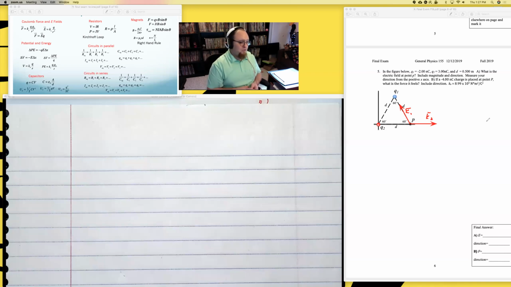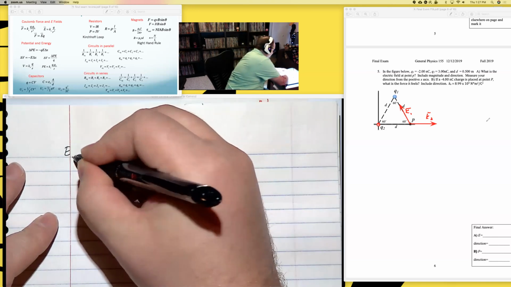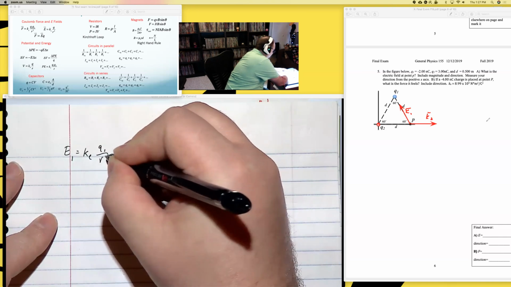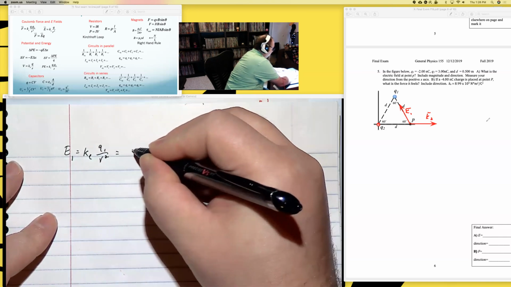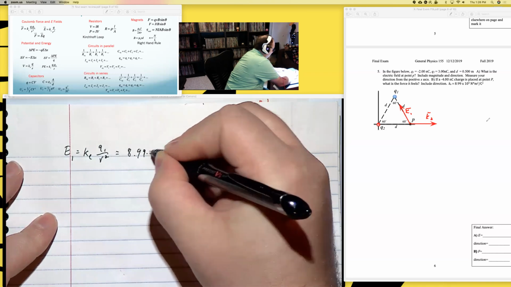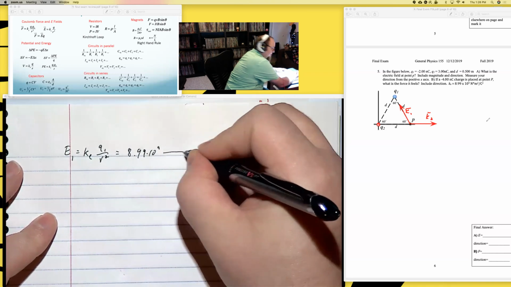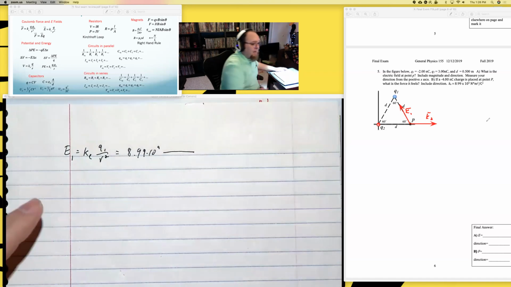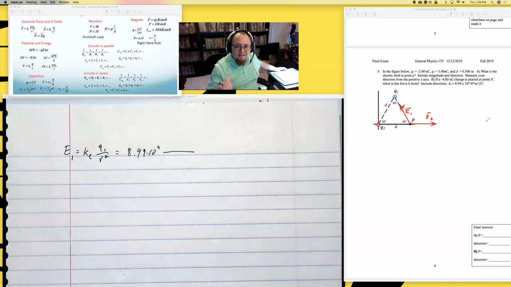And I'll say for each one, I can work out what the value is. E1 will be KE Q1 over R squared. So it'd be 8.99 times 10 to the 9th. Which one was 1? 1 was the negative, 2 nanocoulombs. Now keep in mind when you do these, that negative sign, okay, for force and electric field, use absolute values.